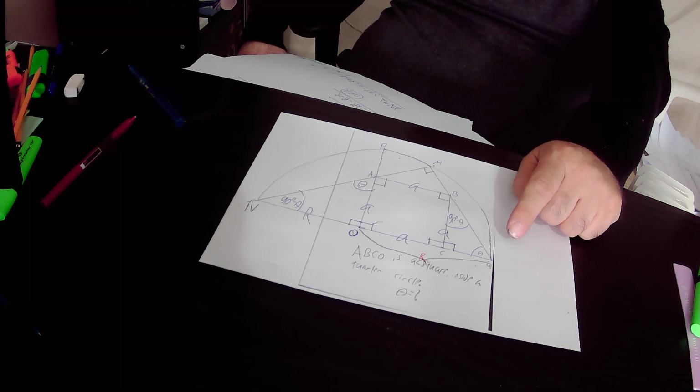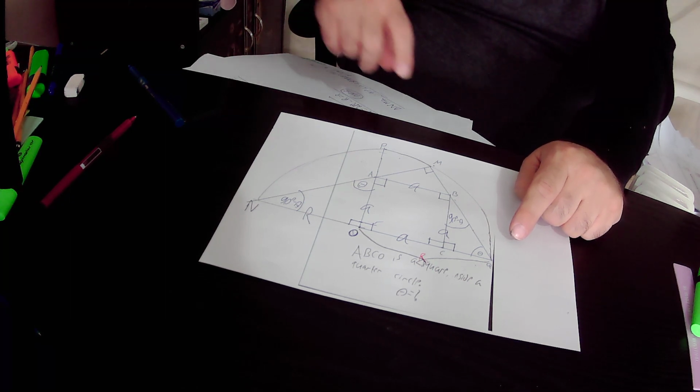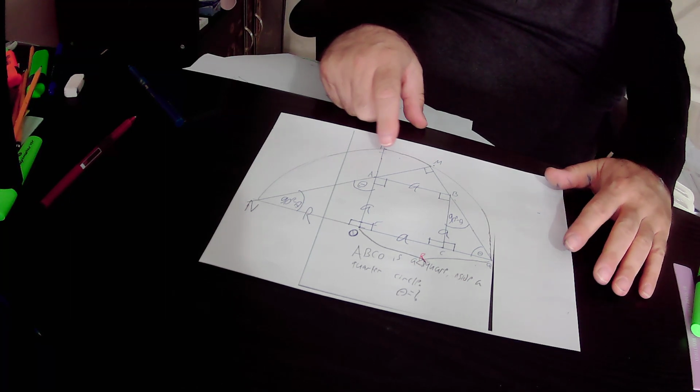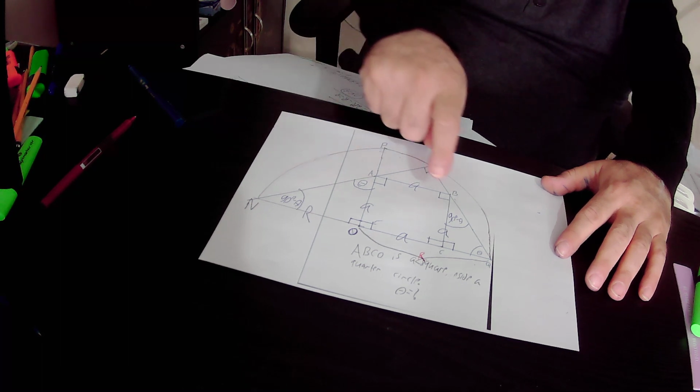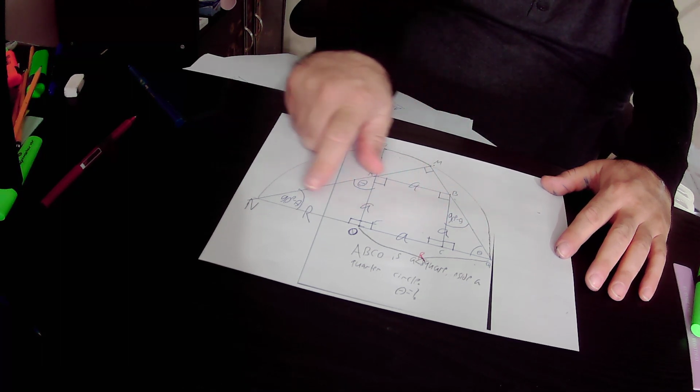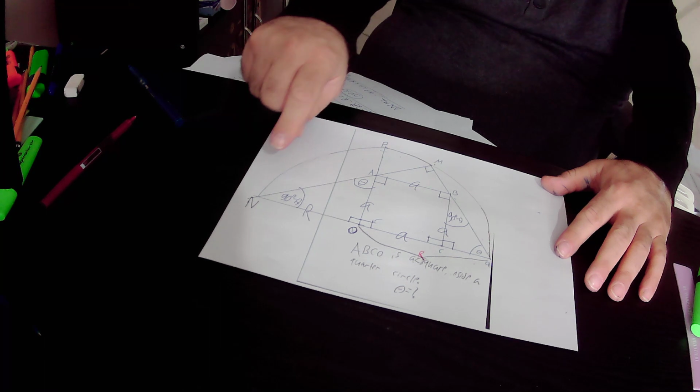So in order to find out the value of angle theta, we made a construction. We extended line segment MA by a straight line, and we extended line segment QO also by a straight line until they intersect with each other.